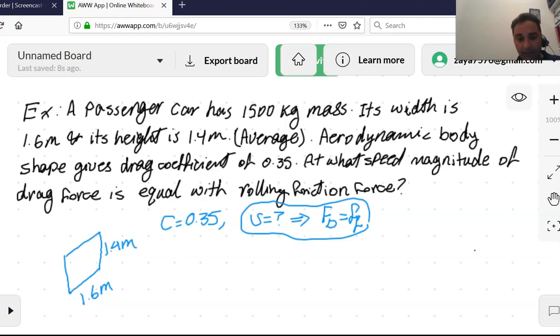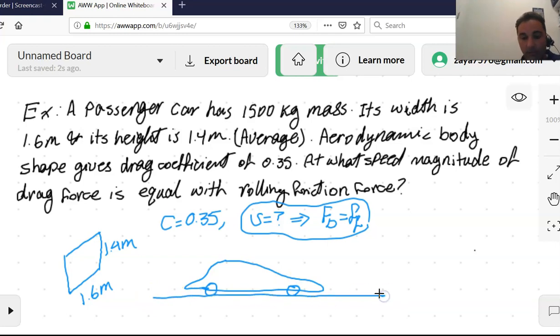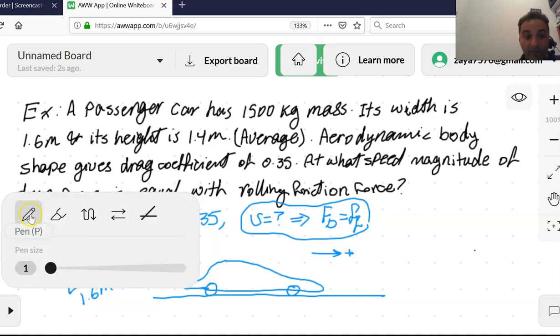So what we have, ladies and gentlemen, imagine this is a car, and this car goes in this direction, which is the positive direction. So let's verify forces.